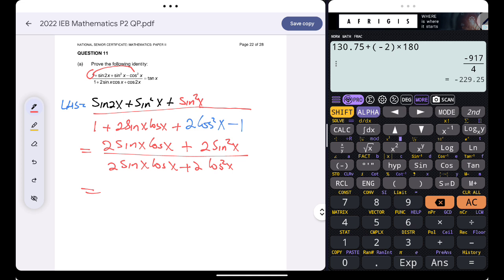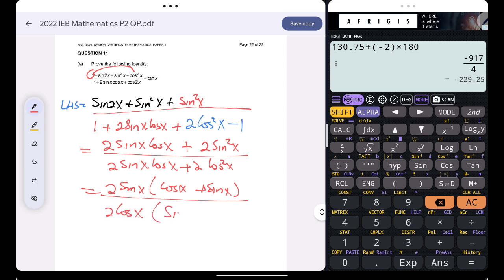Right? There's a common factor at the numerator, which is 2 sine x. Whenever I take it out, I'll be left with cos x plus sine x. At the denominator, I have a common factor of 2 cos x.